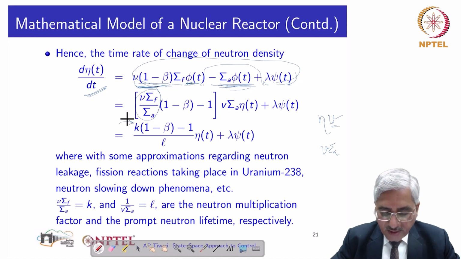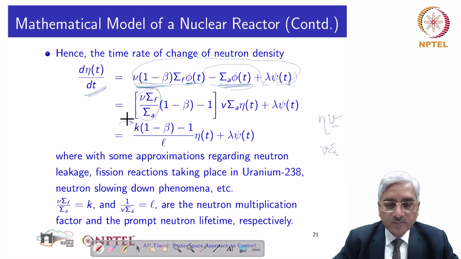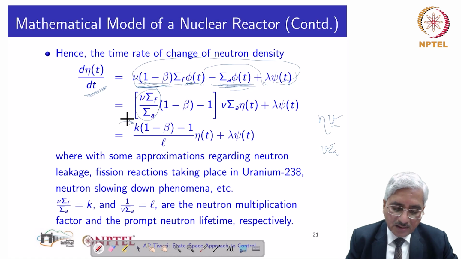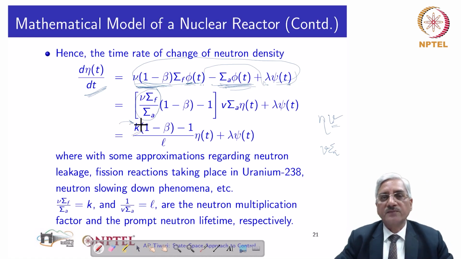It is slightly different from what is called the effective multiplication factor. We have done some other approximations, as we are not considering leakage. This is not truly the effective multiplication factor, but even if we consider the leakage, the K comes here, and then it is the effective multiplication factor.